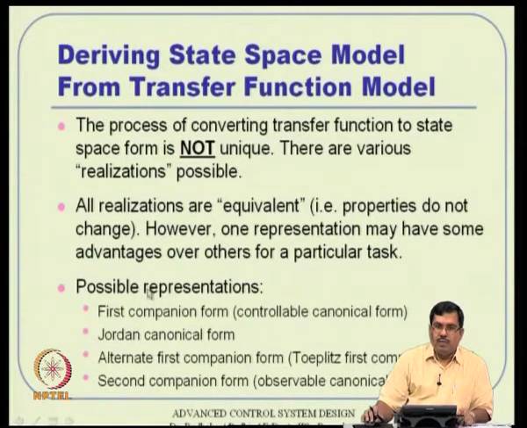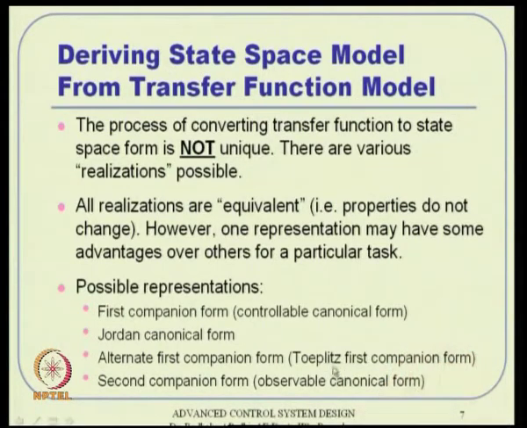Possible representations that come to mind are the first companion form, otherwise known as controllable canonical form, and we also discussed the Jordan canonical form last time. In this class we will talk about the alternate first companion form, also called the Toeplitz first companion form because of the matrix that pops up.